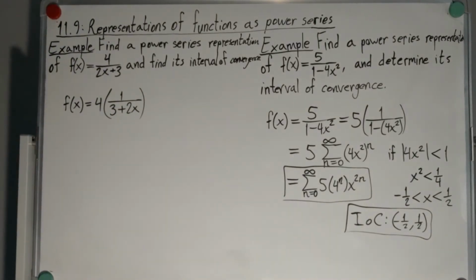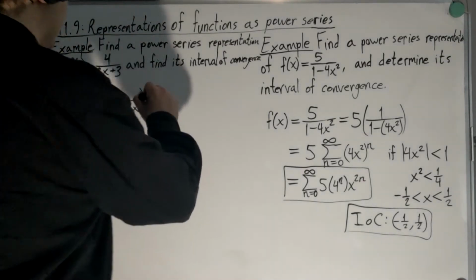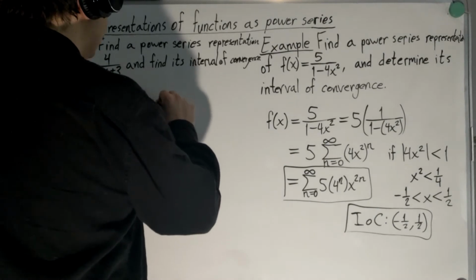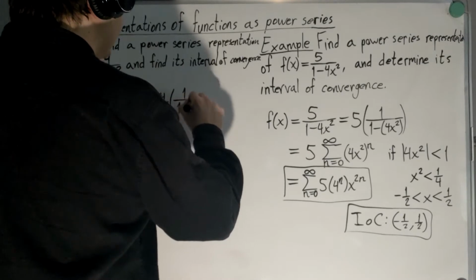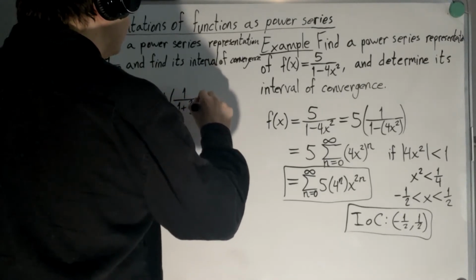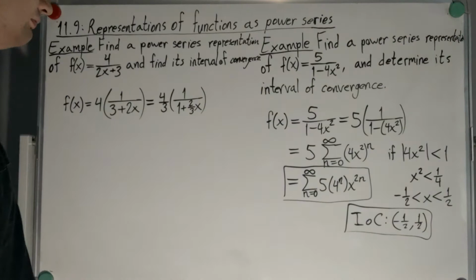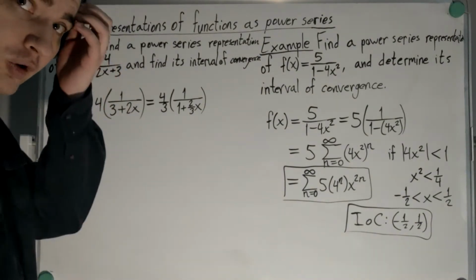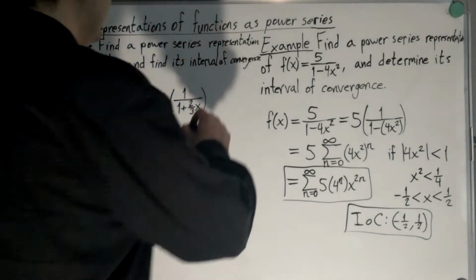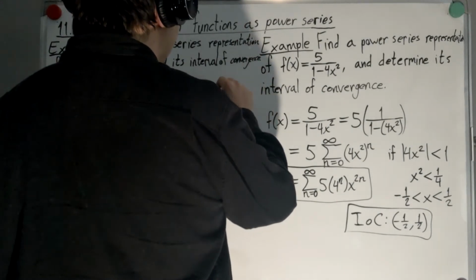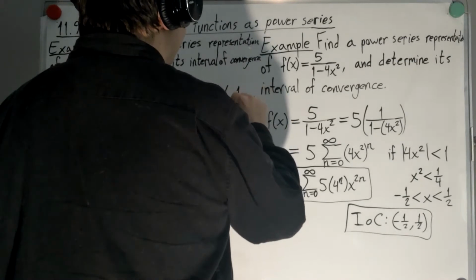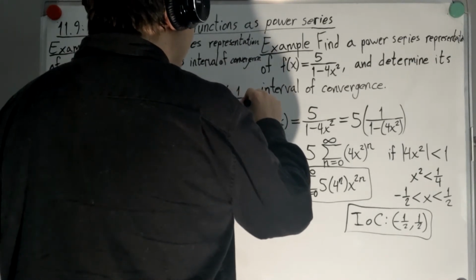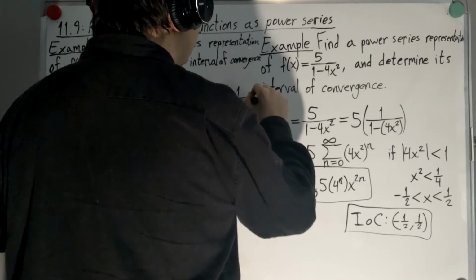Now, if you factor a 3 out of the denominator, this becomes 4/3 times 1 over 1 plus 2/3 x. One plus 2/3 x is the same thing as 1 minus negative 2/3 x. So this is 4/3 times 1 over 1 minus negative 2/3 x.